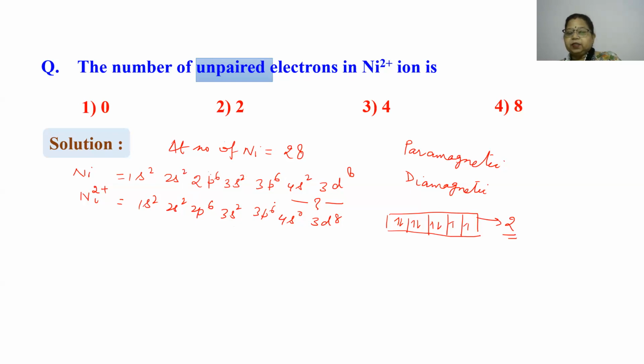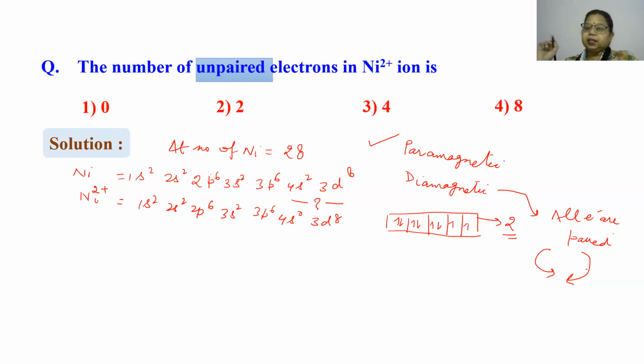So I might have asked whether nickel 2 plus is paramagnetic or diamagnetic. The correct answer is paramagnetic. Diamagnetic will be the answer when all electrons are paired, that is, half of them are developing a clockwise magnetic field, the other half an anti-clockwise magnetic field, so they cancel each other.